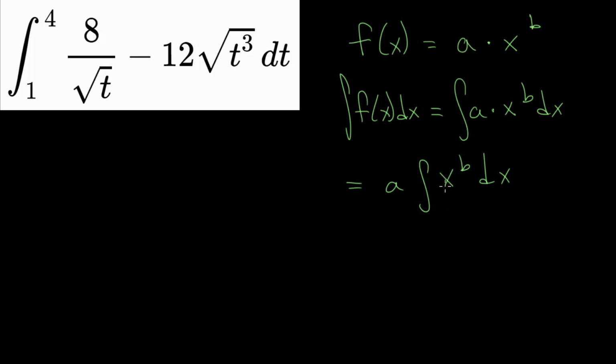When actually finding the antiderivative of this, the a will just carry along, but we increase the exponent by 1. We have x to the b plus 1, and then divide by whatever that new exponent is. Of course, we would have a constant of integration since this is an indefinite integral.